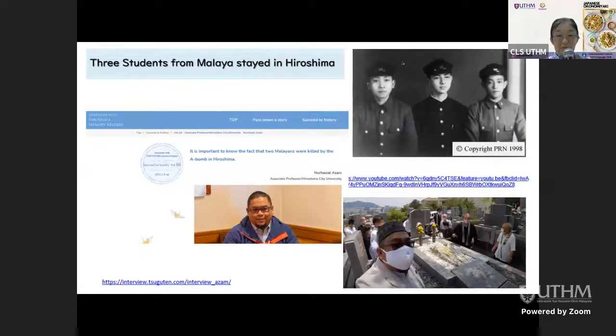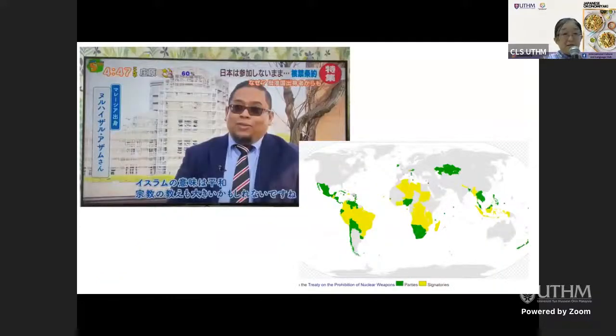So just last month we visited here with Dr. Azam as our guide. Until nowadays, Japanese people take care of the grave of the victims.